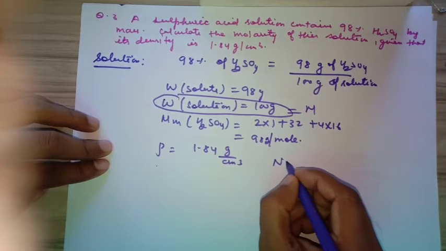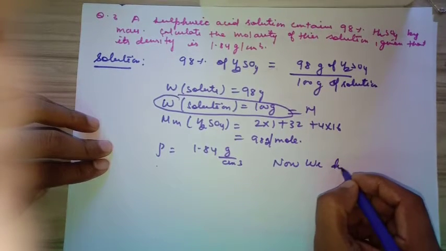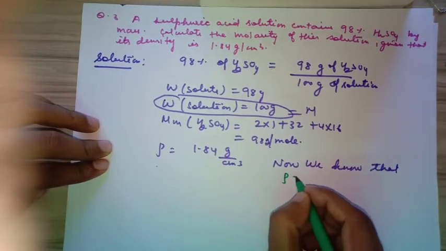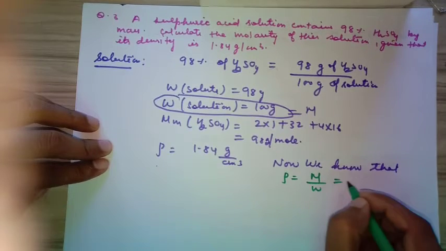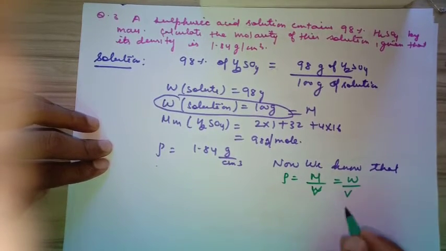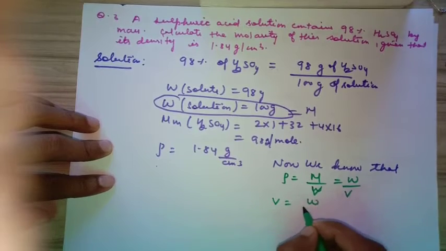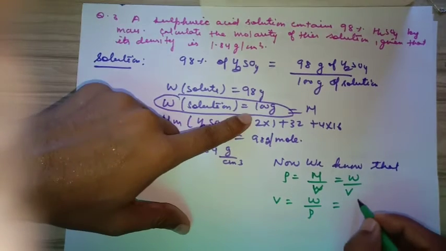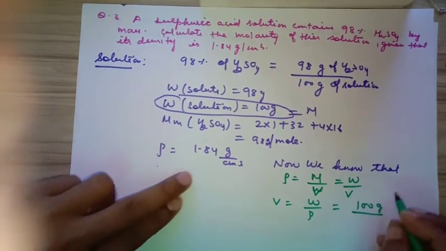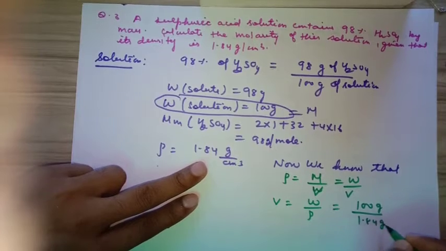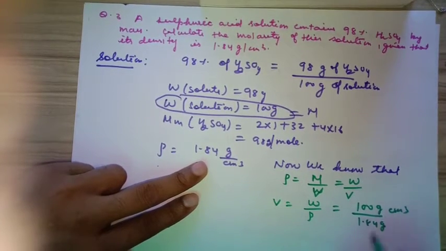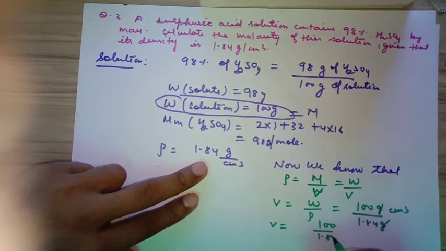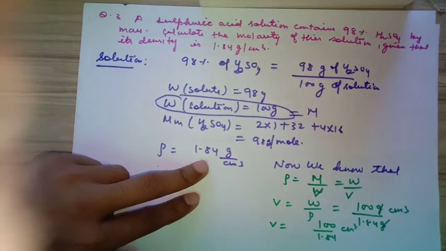Now we know that density is equal to mass upon volume, or we can write it as W by V. So V can be written as W by rho, and here W is 100 gram and rho is 1.84 gram per centimeter cube. So gram and gram will cancel. So V is equal to 100 upon 1.84 centimeter cube.